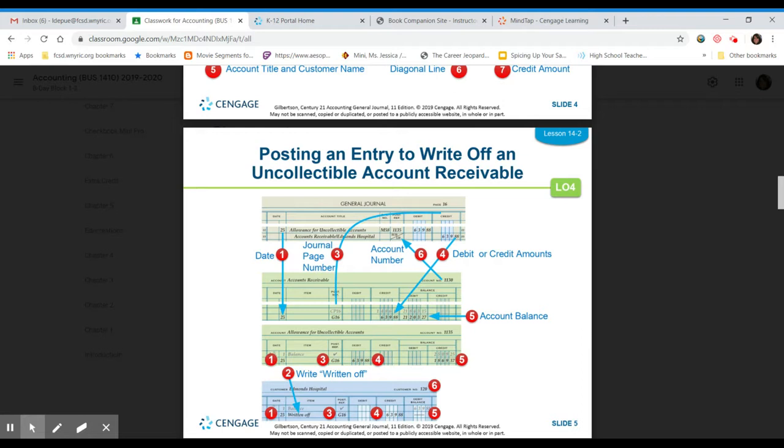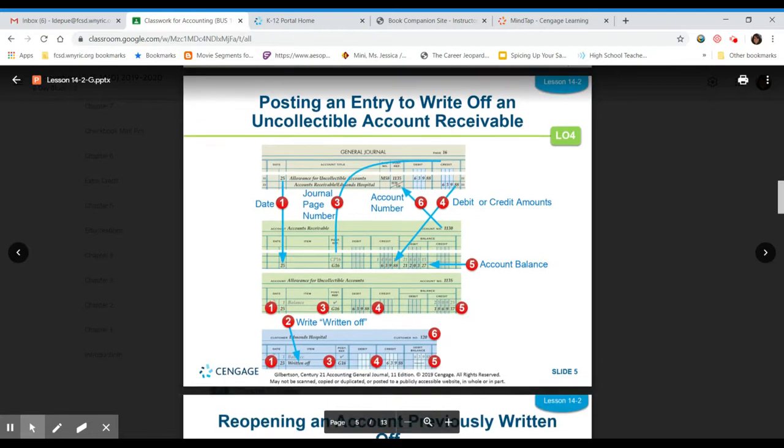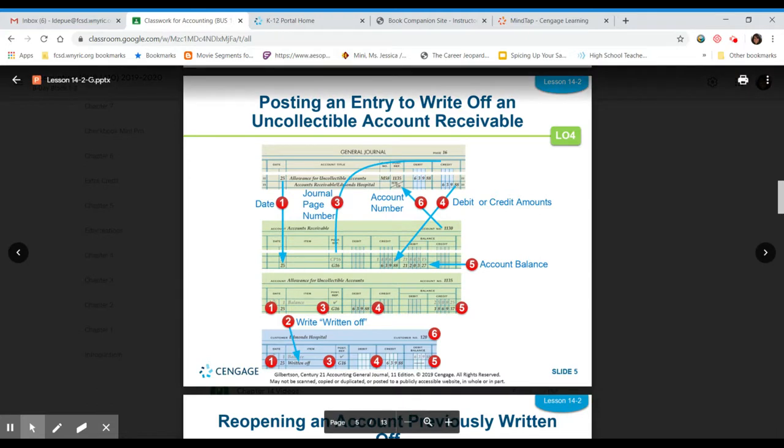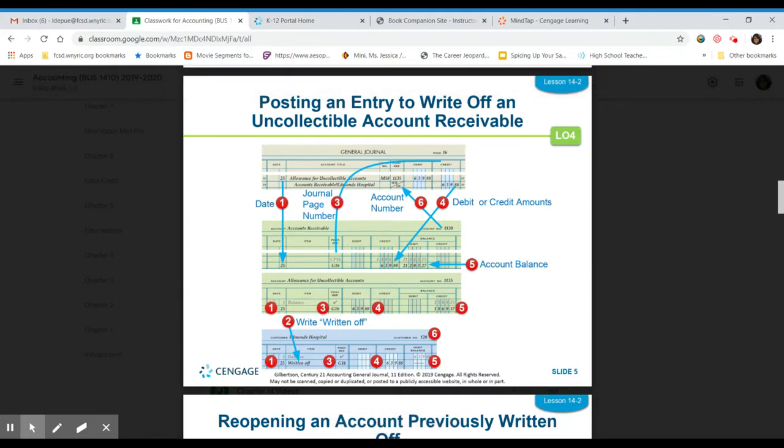And it shows here all the different steps in the PowerPoint presentation. The one that I want you to really look at is the one that has the two in here, the accounts receivable and the Edmonds. Remember, there's a dash in the post reference because we posted to both. So this is the credit portion of it, is the accounts receivable, shown here as the credit.